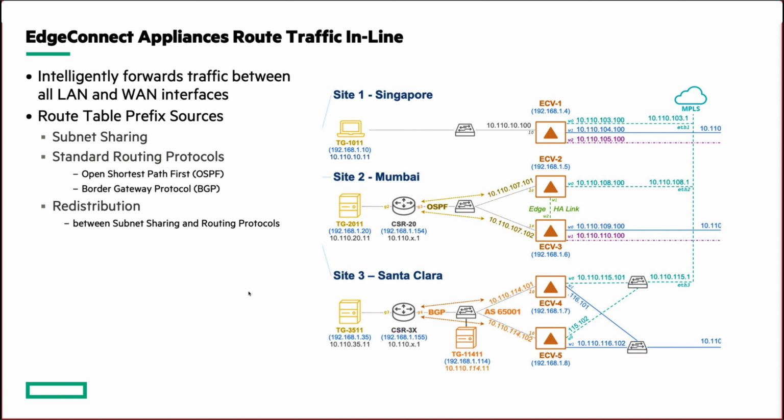How do Edge Connect appliances learn about different prefixes and subnets for tunneling the traffic to other sites? Well, we use a protocol that is proprietary to Edge Connects called subnet sharing. Subnet sharing is used to exchange information about locally attached subnets between the Edge Connect appliances.